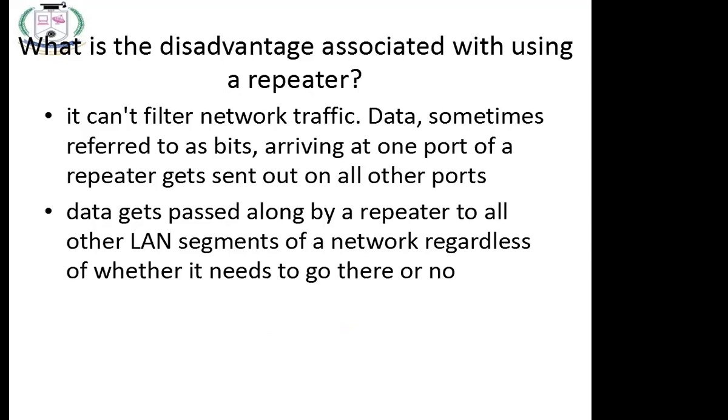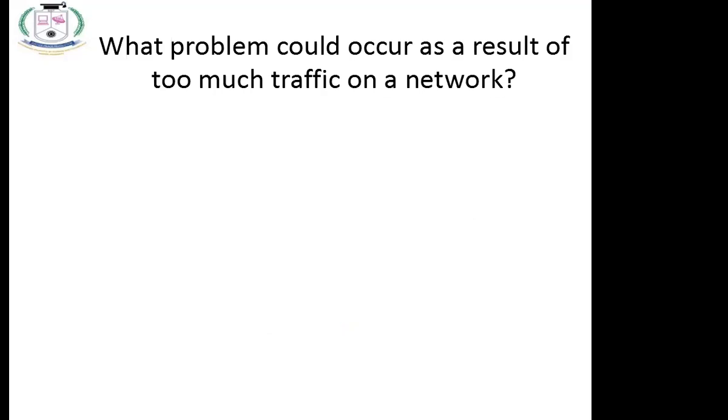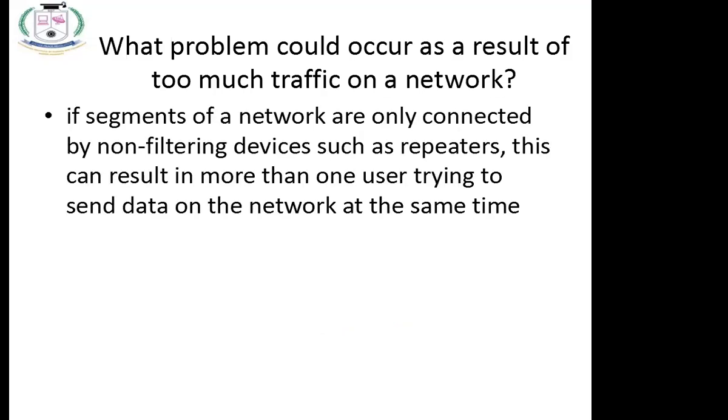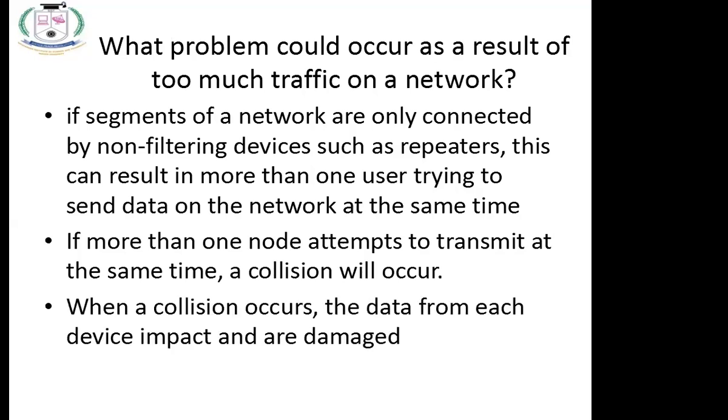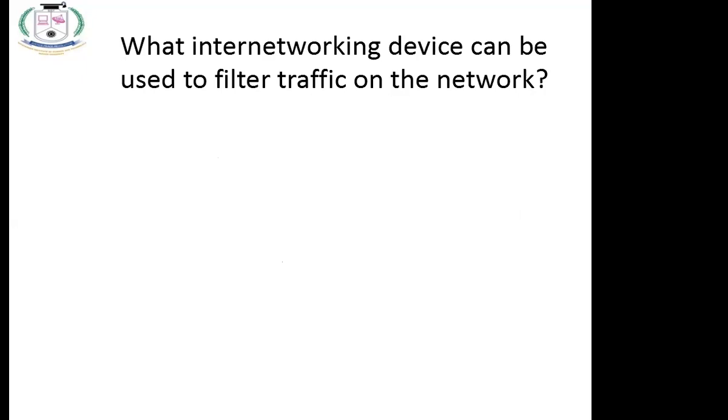So there is no kind of intelligence or filtering operation possible with this repeater. That is the main problem. If two or more devices try to send data at a time, it will of course result in collision, which is an undesirable phenomenon in the physical layer.